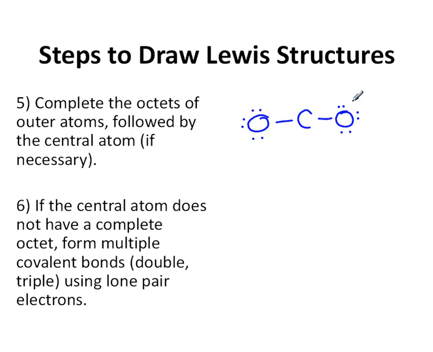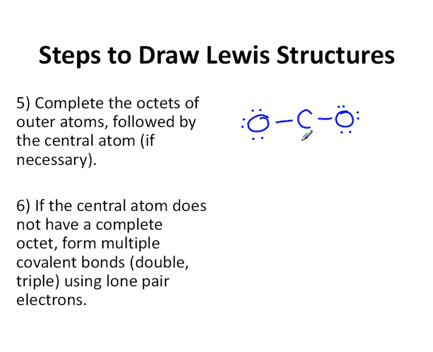So at this point, your structure might do one of a couple things. Everything at this point might have 8 around it when you check, or it might not. So you know the ones on the outside do. But here, if we take a look at the center, there's only 4 electrons around it, 2 and 2. If the central atom does not have 8 around it, it's going to form multiple bonds.